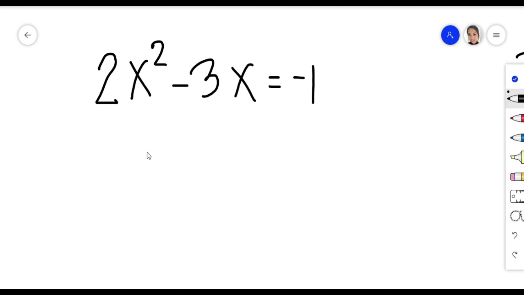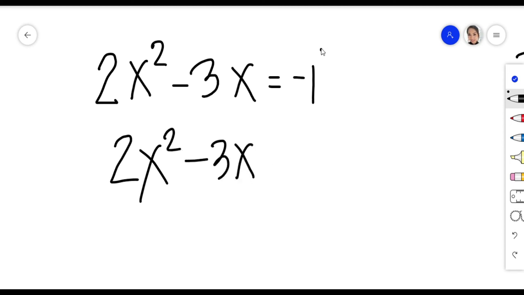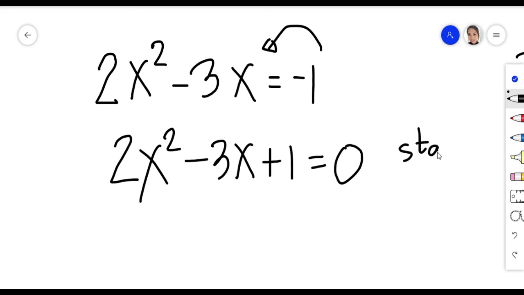So that becomes 2x squared minus 3x plus 1 equals 0. So always remember to write in the standard form.